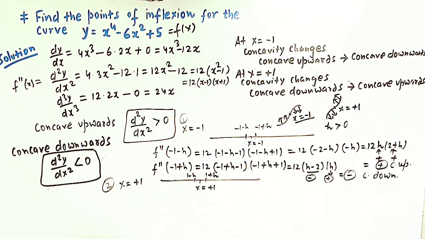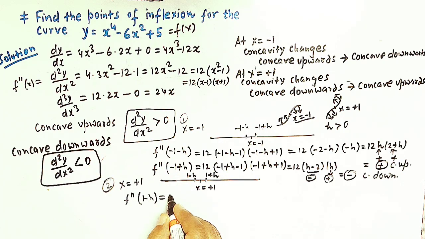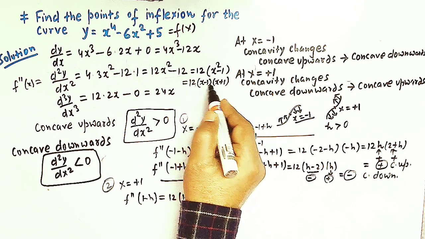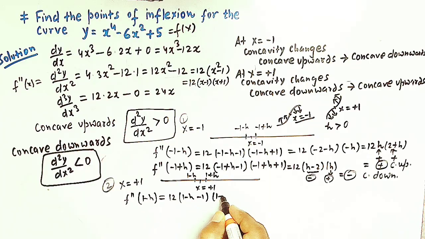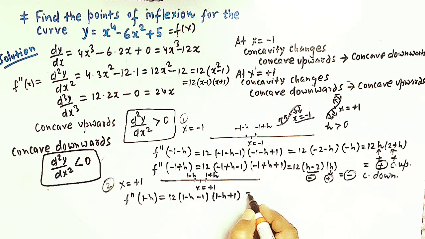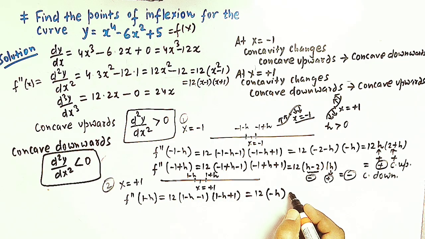So now here we have f double prime at 1 minus h. So we have 12 times 1 minus h, and here we have minus 1, then we have 1 minus h plus 1. So we have 12, here we have minus h, and here we have 2 minus h.